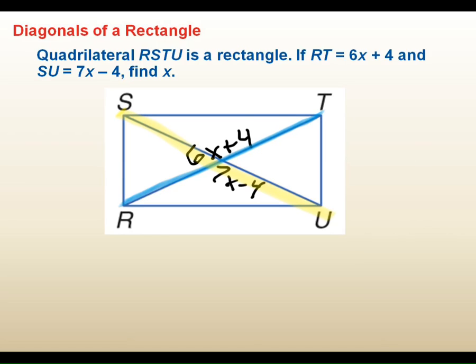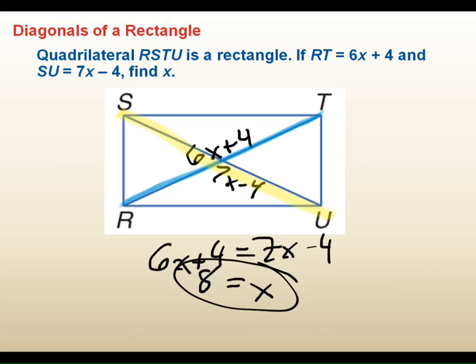Based on the previous theorem, what do we know about diagonals of a rectangle? That they are equal. So we know that 6x plus 4 must equal 7x minus 4. Subtract 6x from both sides, add 4 to both sides, and I would get x is 8.